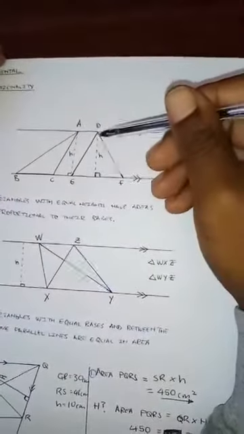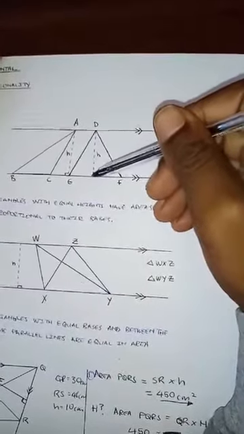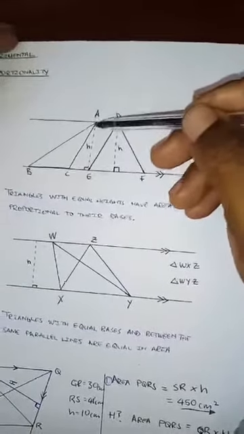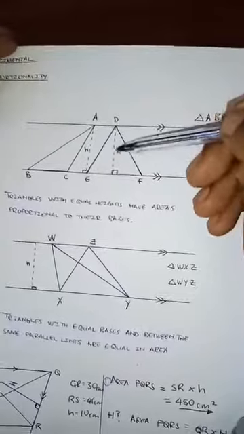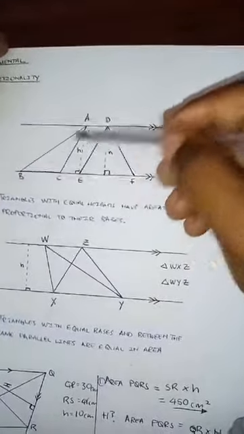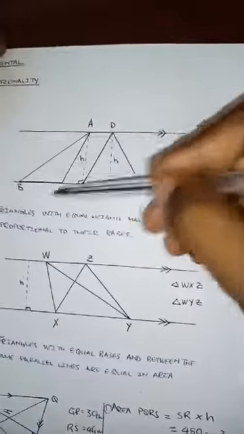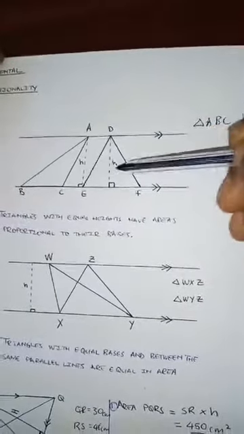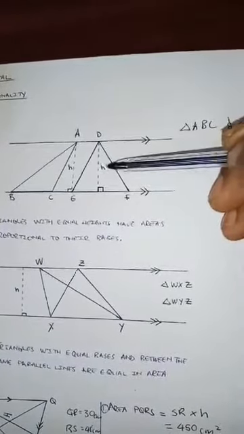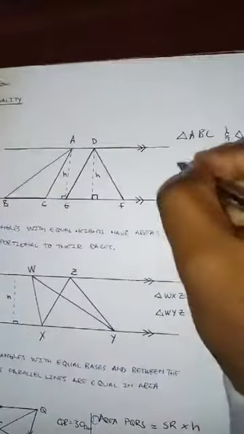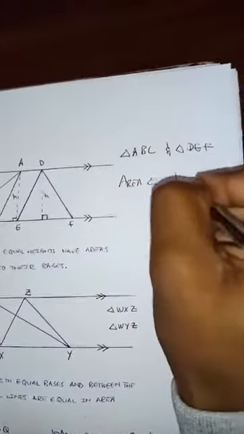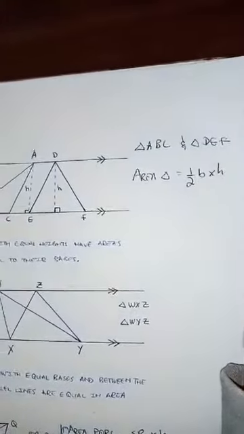As you can see, we can easily construct a height H there for triangle DEF, and if you construct another height for triangle ABC, you would get basically the same height H.